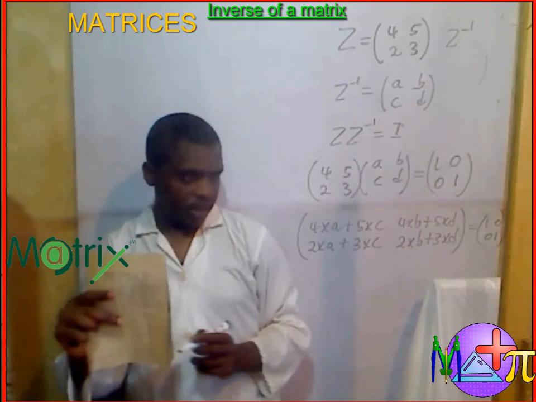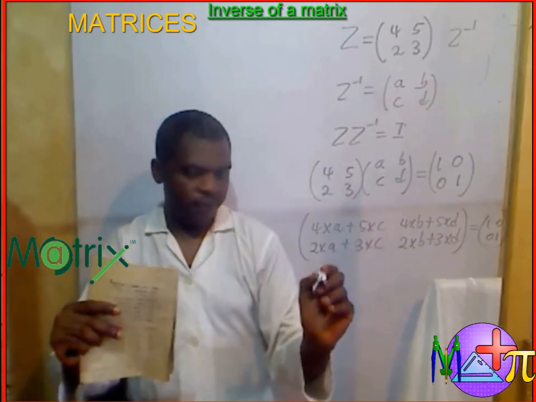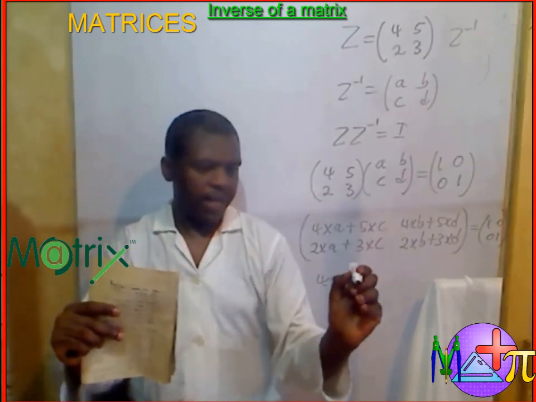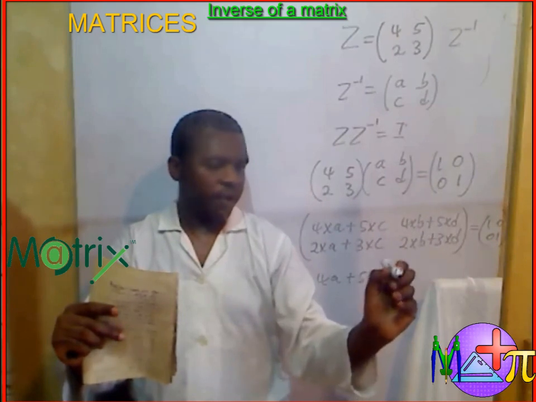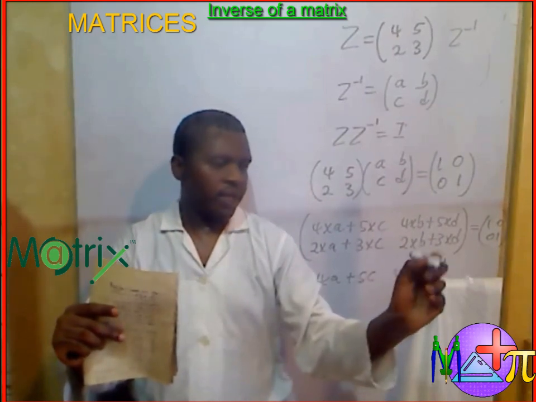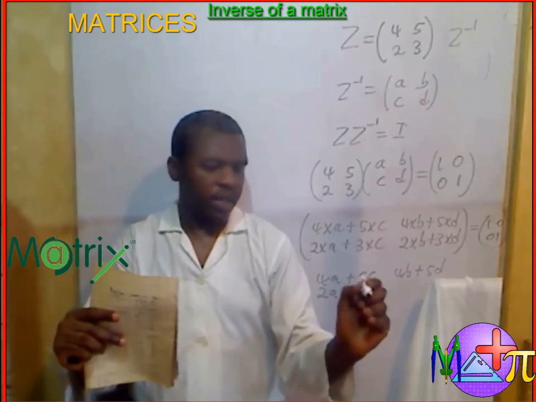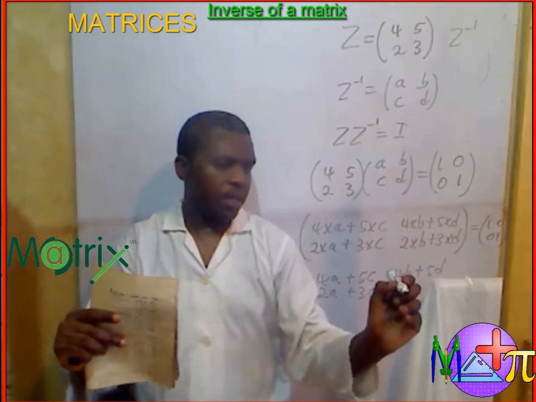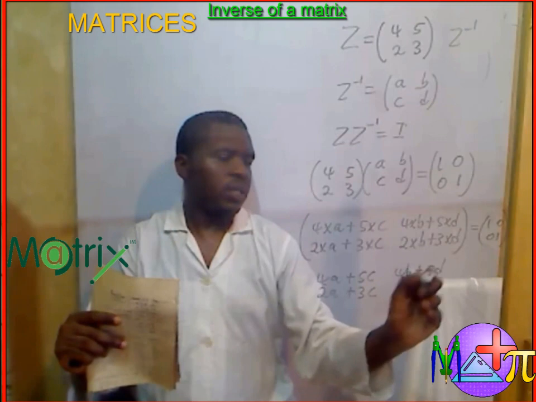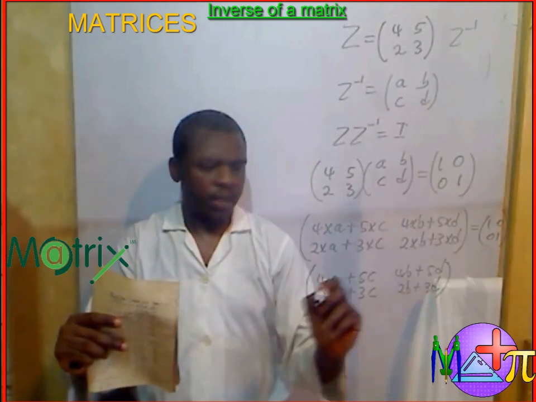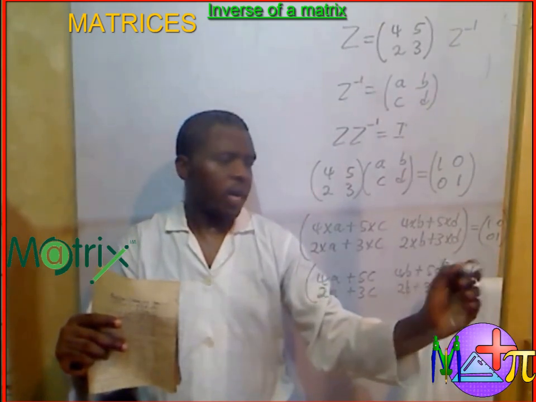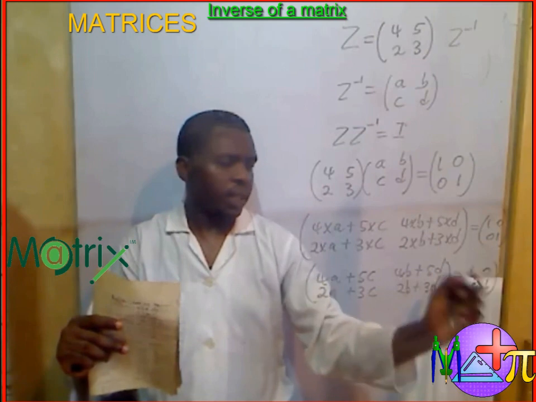Now let's simplify this. This is 4A plus 5C. This is 4B plus 5D. This is 2A plus 3C. This is 2B plus 3D. This will give us 1, 0, 0, 1.